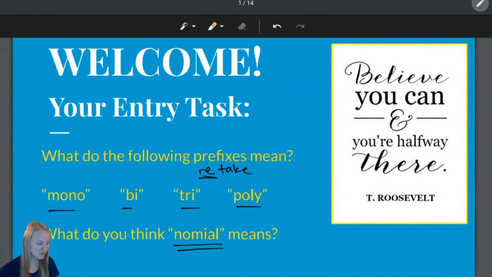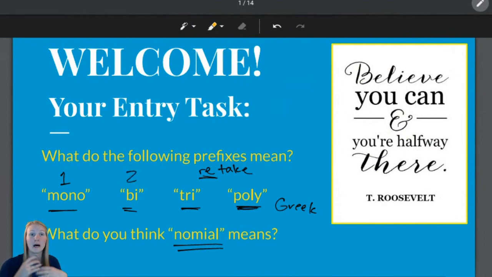So, mono, bi, tri, and poly are all Greek prefixes. Again, I'm not an English teacher, but I'm fairly certain about this. Mono typically means one. You might have heard about mono in your history classes, perhaps, if you've talked about religion, you might have talked about monotheism versus polytheism.